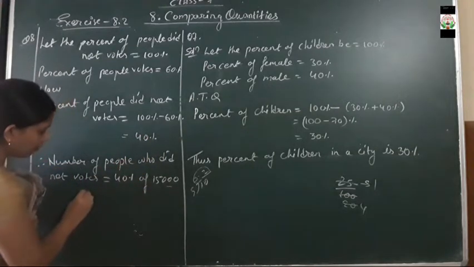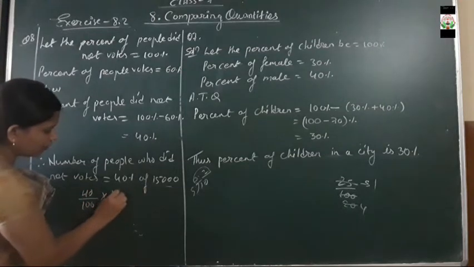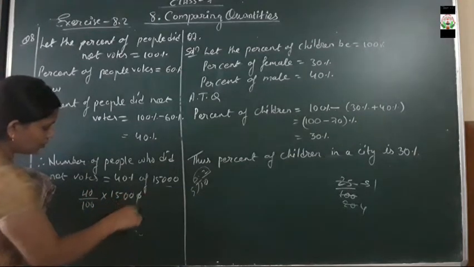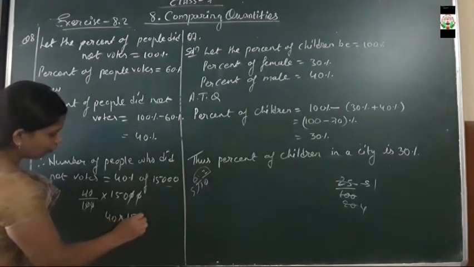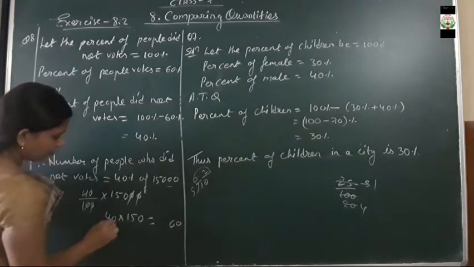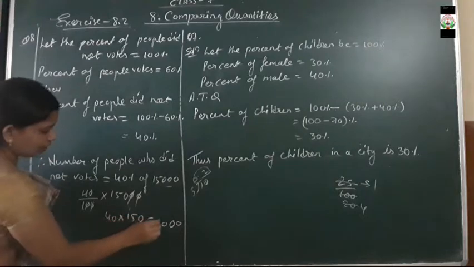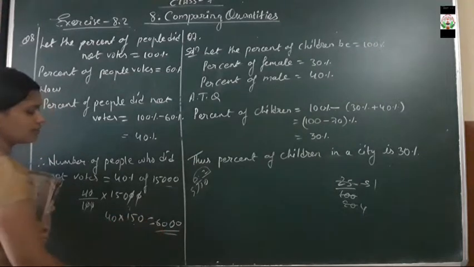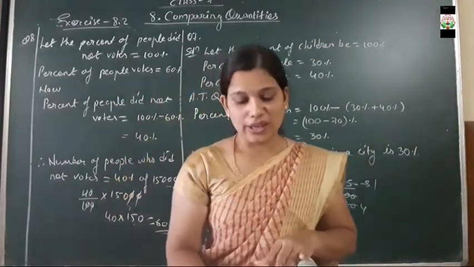Now finding the 40%, 40 upon 100 into 15,000. So the zeros will get cancelled. 40 into 150. So here 1 and 2 zeros will be there. Now 4 5s is 20, 4 5 6. So here we can say that 6,000 people did not vote in the election.